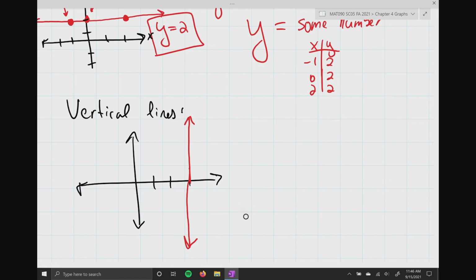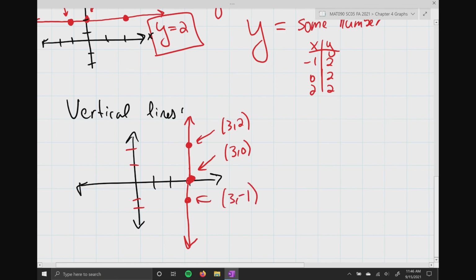It doesn't matter how high or low I go with this line. All of my X values will always be what number? 3. So, what is the equation of this line? X equals what? 3.